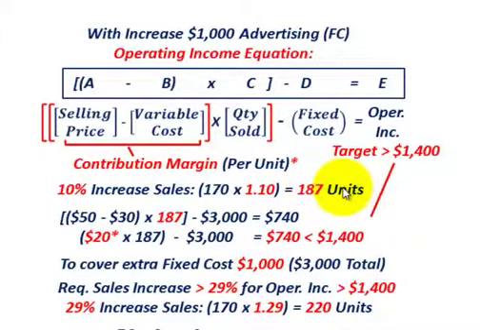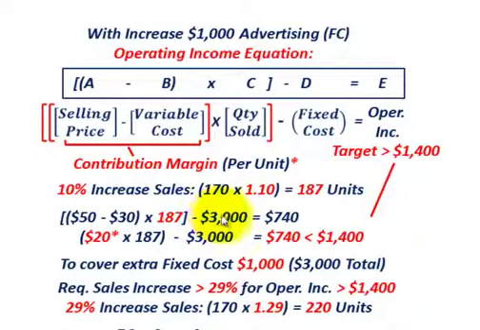Now for our operating income, we take 50 minus 30, a $20 contribution margin per unit, times the 10% increase in our sales of 187 units, minus the fixed cost of $3,000.